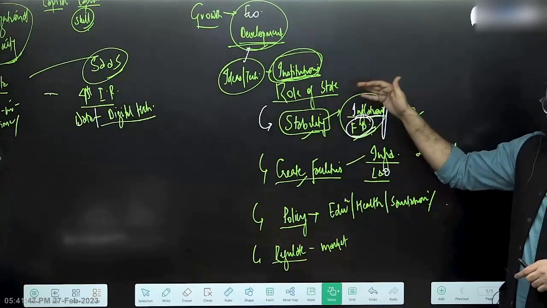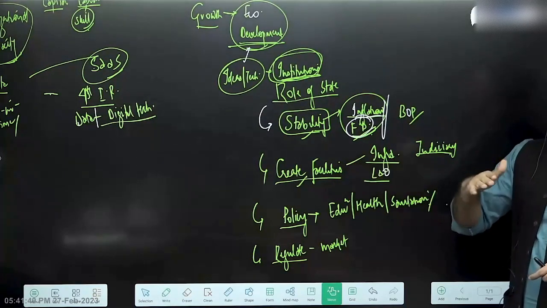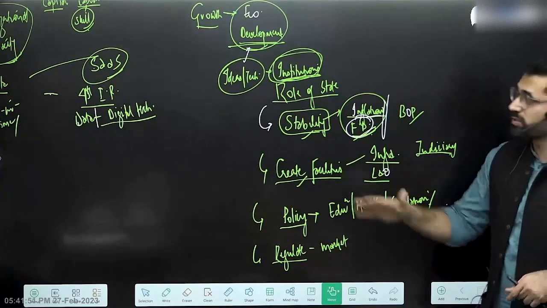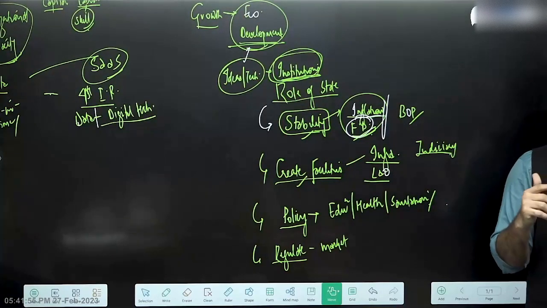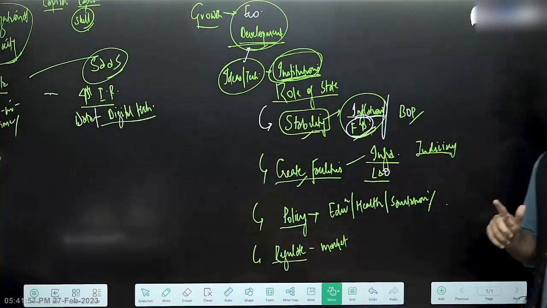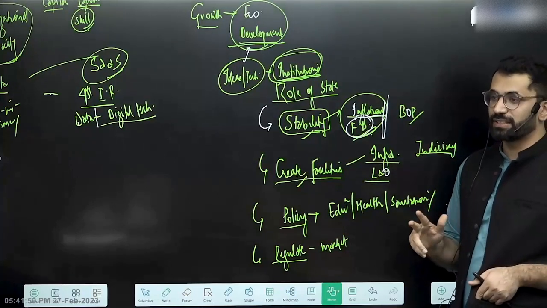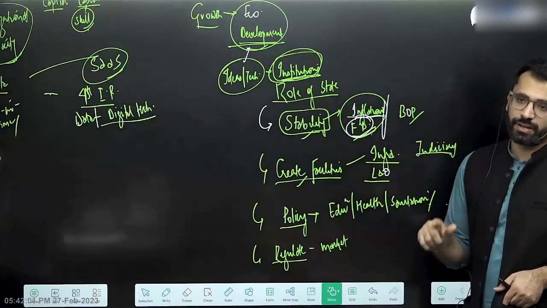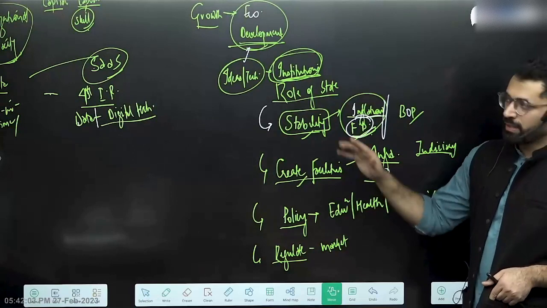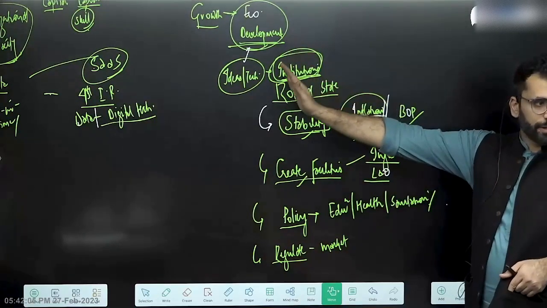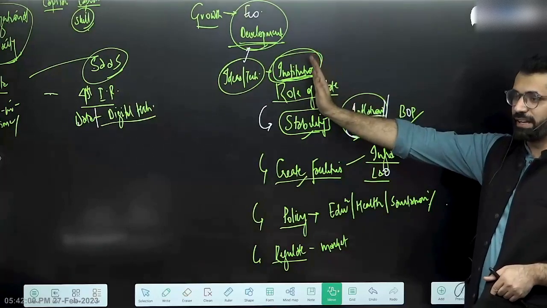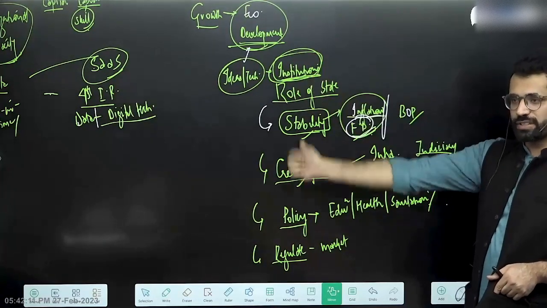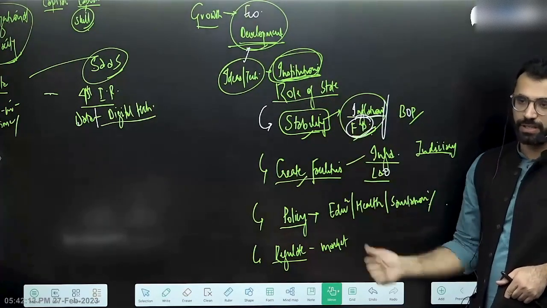This is what is expansion of human choices for a longer duration. Growth simply means expansion of output. Economic development is a broader term, which is increasing the productive capacities and organizational capacities, which will lead to structural transformation. Is the difference between growth and economic development clear? Now this is the first domain till the 1970s. What was thought is that this is what is required for countries to get economic development.